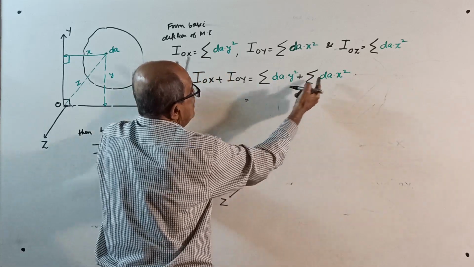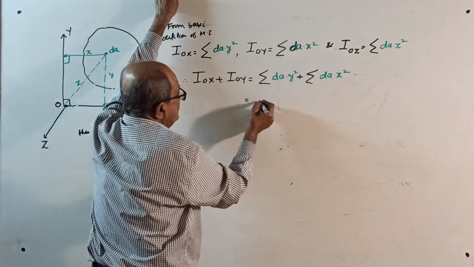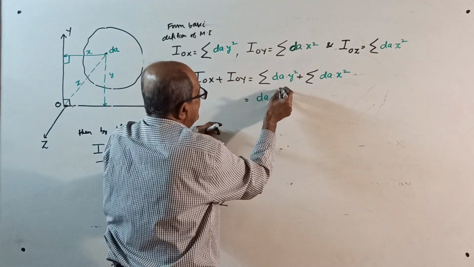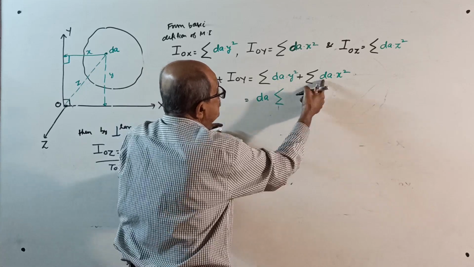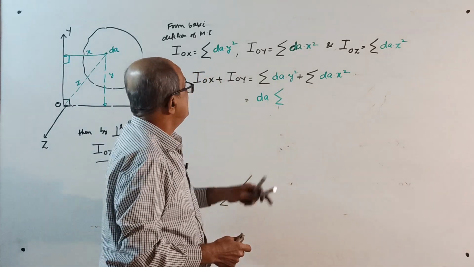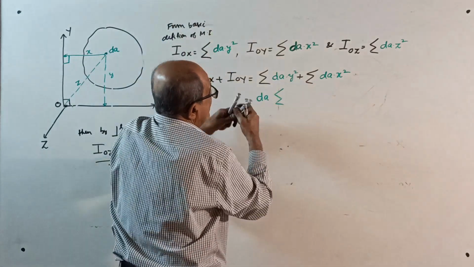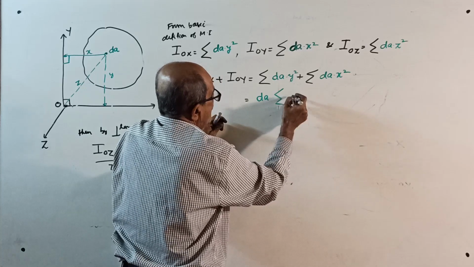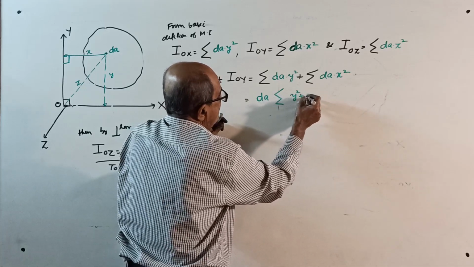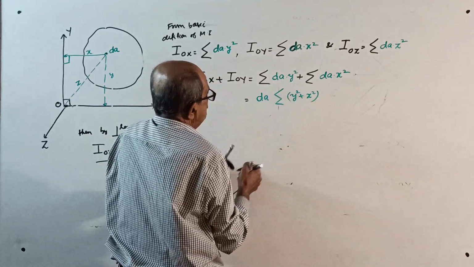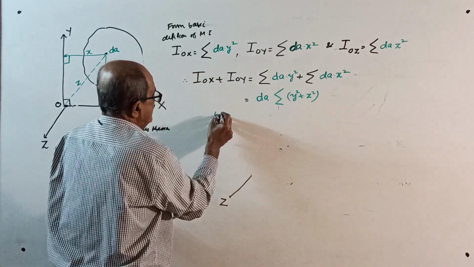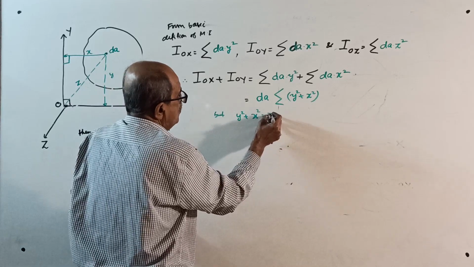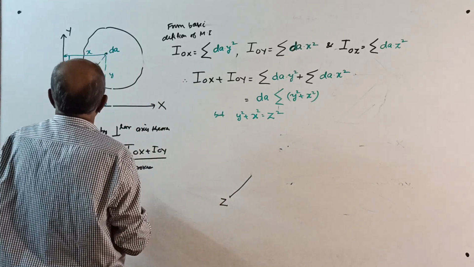Since dA is common, you can take it outside: sigma of dA into y square plus x square. But y square plus x square equals z square. Why? Pythagoras theorem.